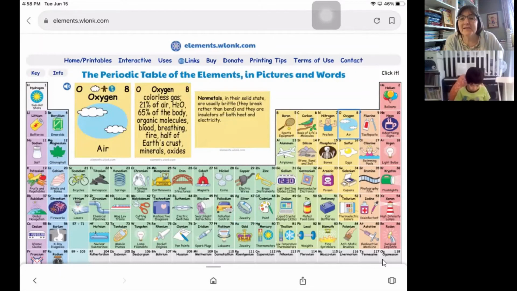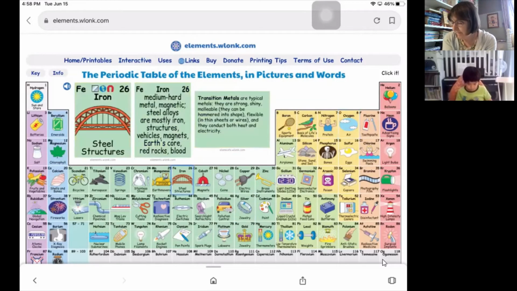Let's see if we can find iron, number 26. That's Fe. Number 26.